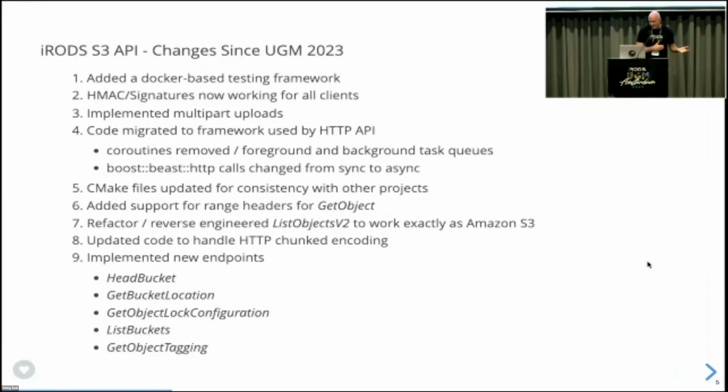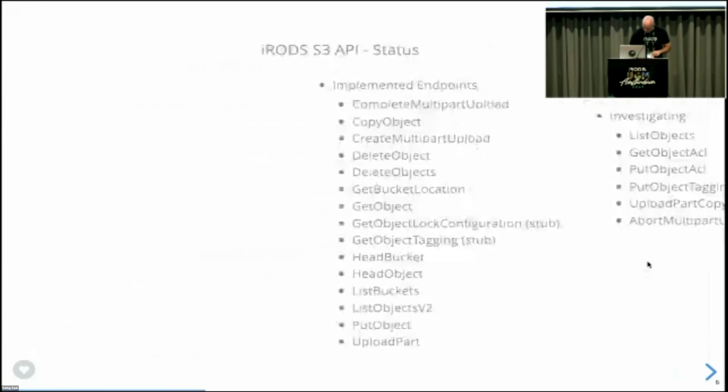S3 does not require that header to be set, and the clients that we tested that use chunk encoding do not set that header either. So we had to manually parse the chunks for that. And finally, we implemented a few new endpoints.